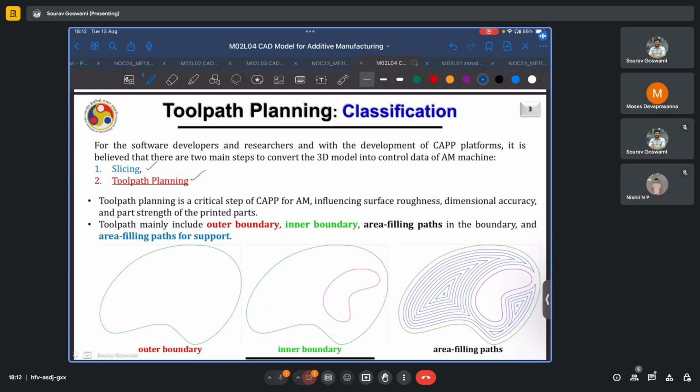And as such, we are not really aware of how the toolpath is planned. What are the objectives that we must fulfill when planning a toolpath for successful deposition? What are the constraints it should satisfy, and so on. And this lecture specifically will help us gain some greater insight into it.